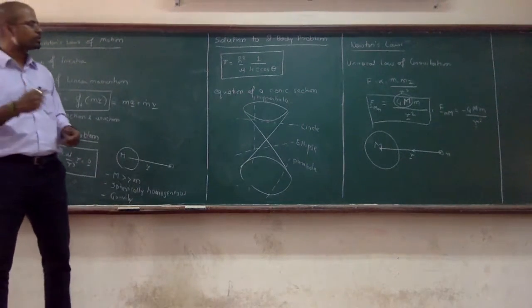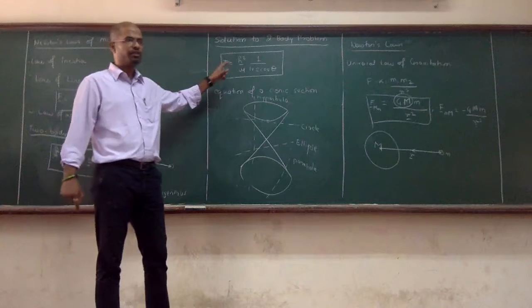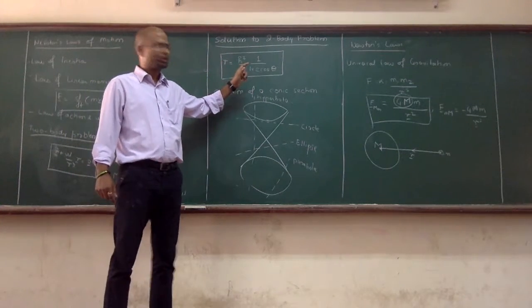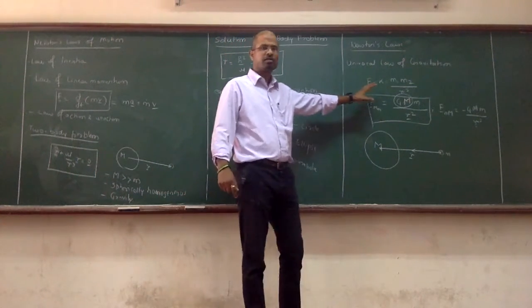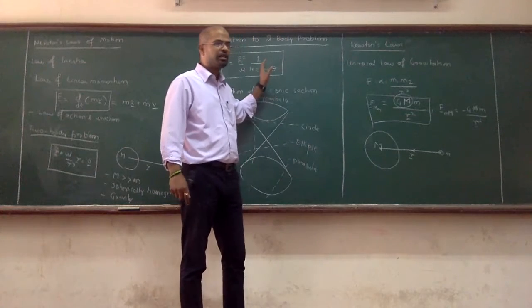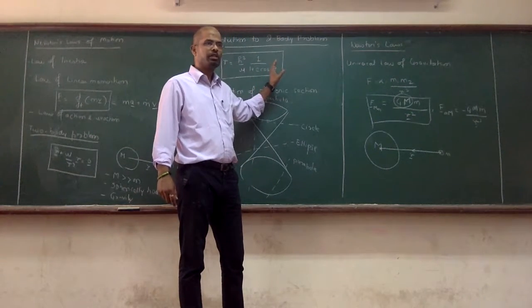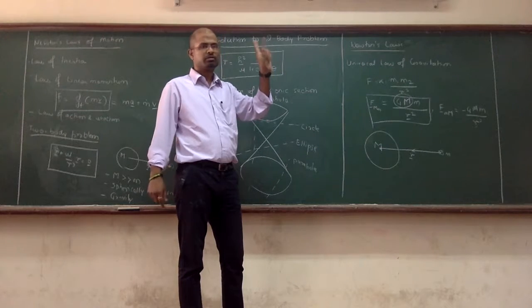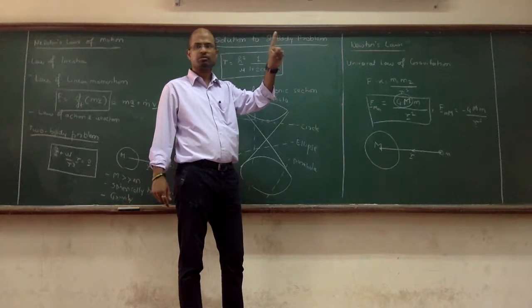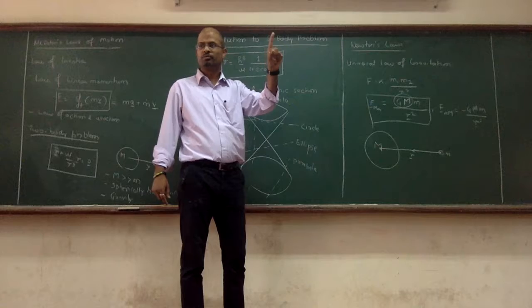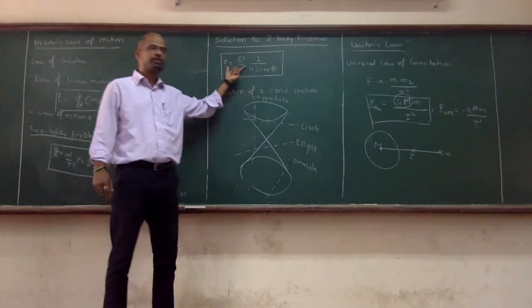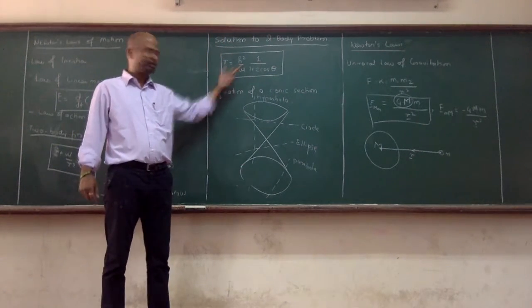Now, does Kepler's law remain a law? Kepler's law ceases to exist as a law in the strict sense, because you started with Newton's law and mathematically arrived at a special case of Kepler's first law. You see that? You mathematically arrived. When is this a special case?